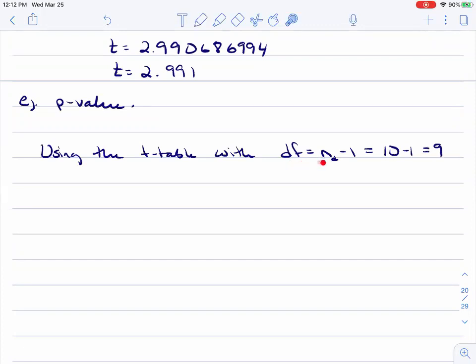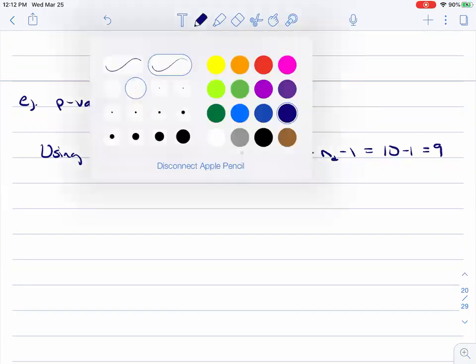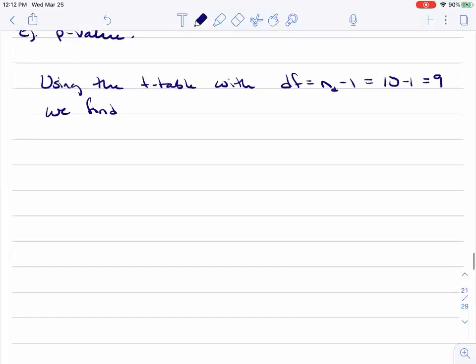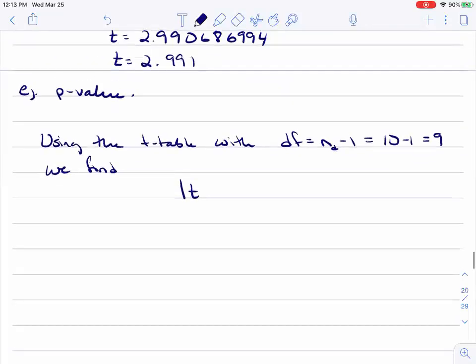I do want to see all this written out. I want you to show me that you know what you're doing. So we have 9 degrees of freedom. I put my calculated t in the center of the page in absolute value brackets. Here it's positive, so I don't really need them, but I always use the same layout for all my problems.